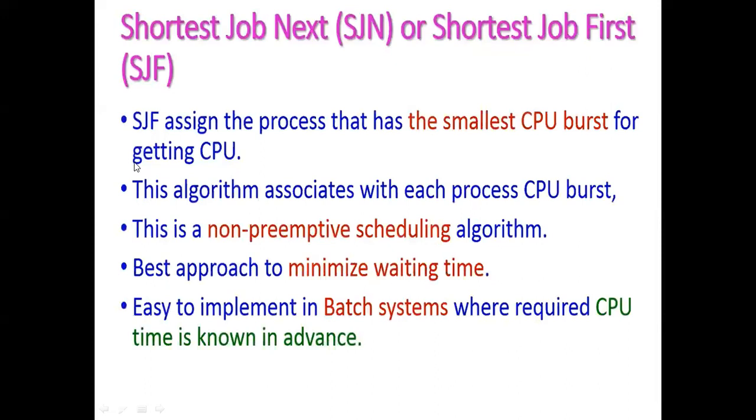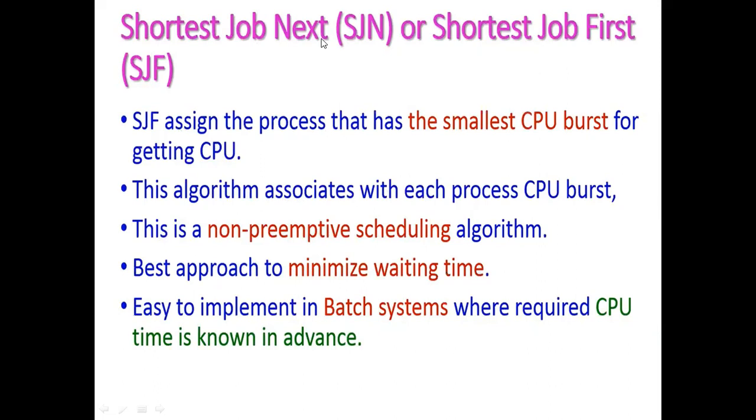Let's see what is meant by shortest job next or shortest job first, SJF or SJN. The SJF scheduling algorithm will assign the CPU to the process that has the smallest CPU burst time. So this algorithm is associated with each process's CPU burst time. This is a non-preemptive scheduling algorithm, and it is the best approach to minimize the waiting time.